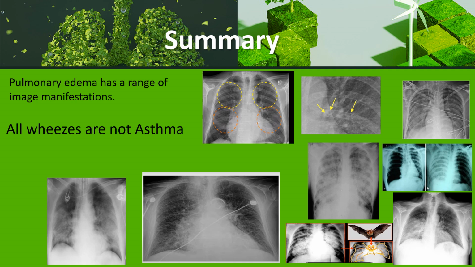So you can hear expiratory wheeze. That is called cardiac asthma, but actually it is not asthma, it is heart failure, cardiogenic pulmonary edema. So all wheezes are not asthma and can be diagnosed based on accurate history and clinical examination for appropriate treatment.